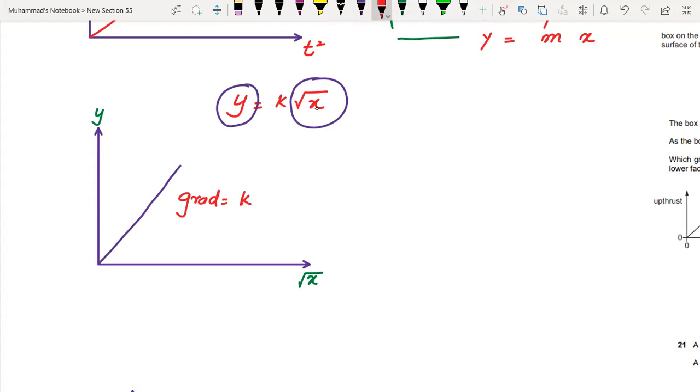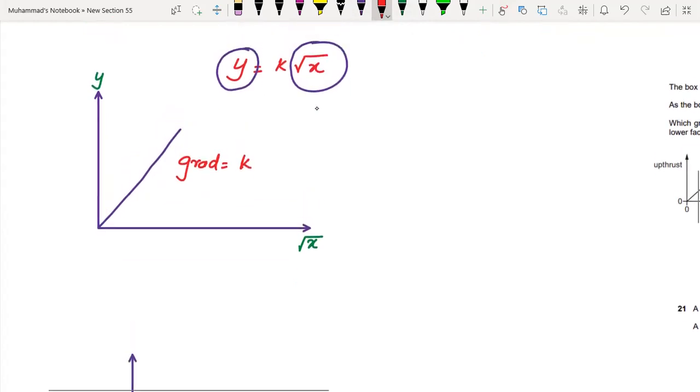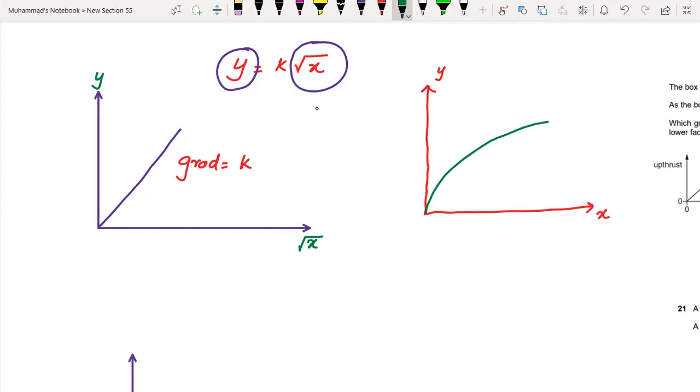But if you have to plot y versus x, then the graph will look like this. This is the graph of y versus x if you have the expression that y is proportional to square root of x.